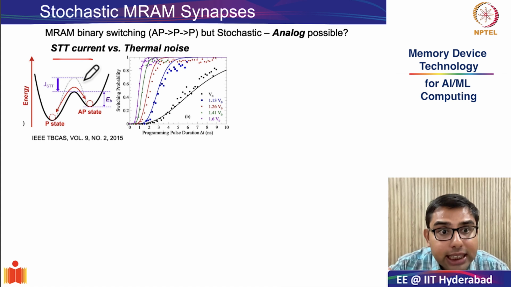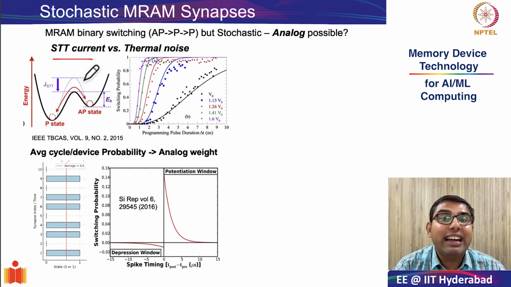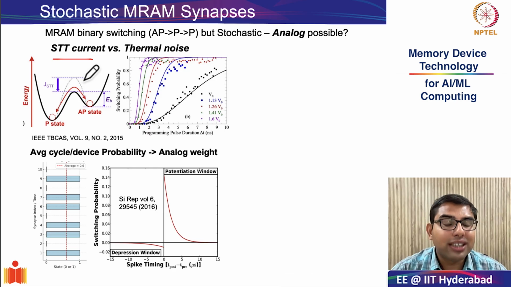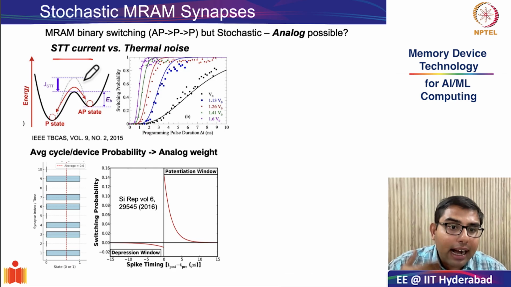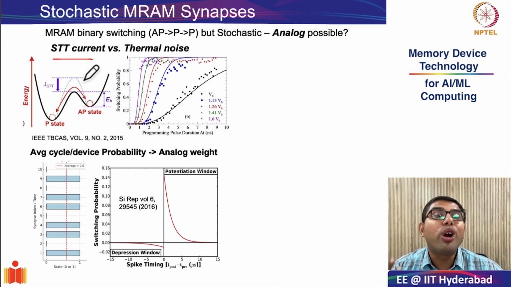And it was realized that this probabilistic switching in binary elements can be used to facilitate analog representation of weights. This is possible by averaging out this probability over several cycles or devices.